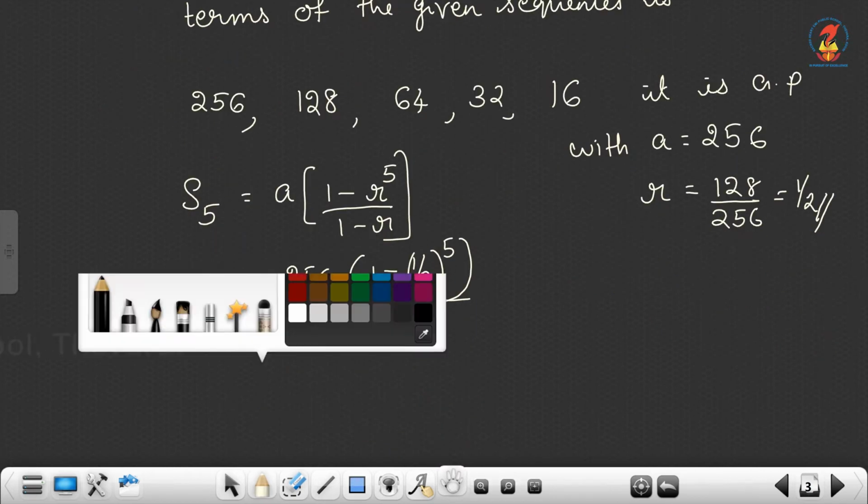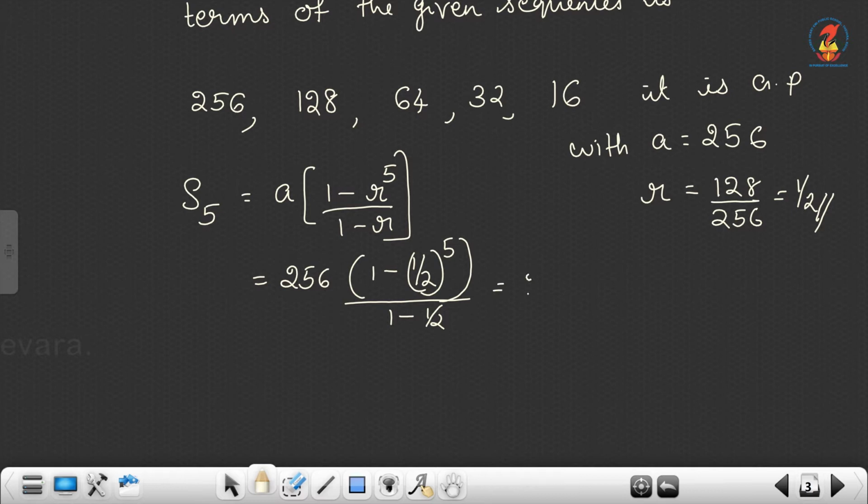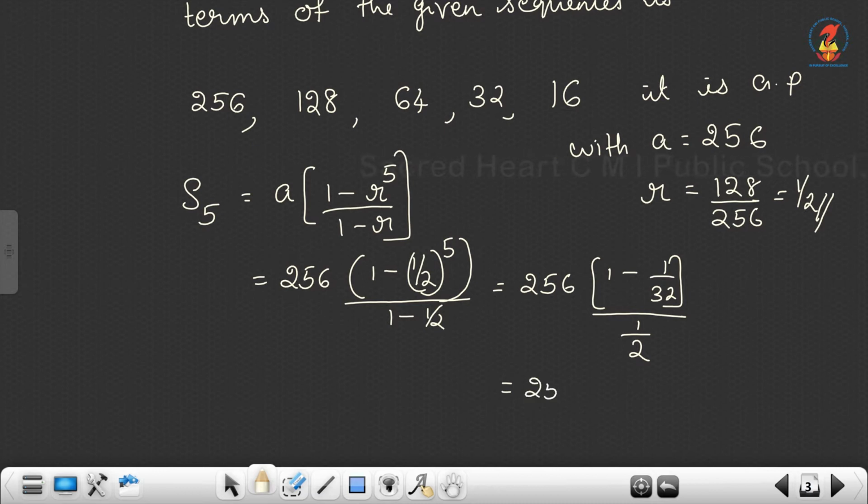Now simplify. So that's equal to 256 into 1 minus 1 by, 1 raised to 5 is 1 itself, 2 raised to 5 is 32. Now 1 minus 1 by 2 is 1 by 2. So 256 into 32 minus 1, that is 31 by 32, then taking the reciprocal into 2 by 1.